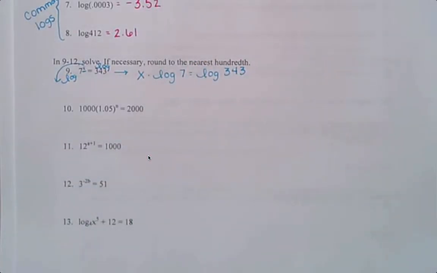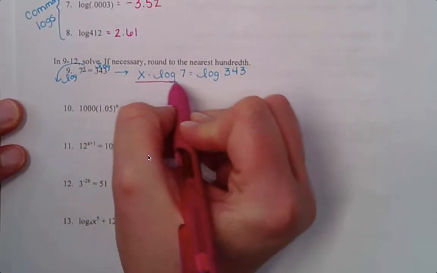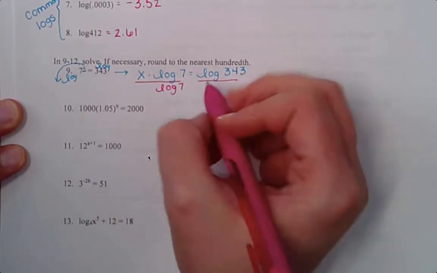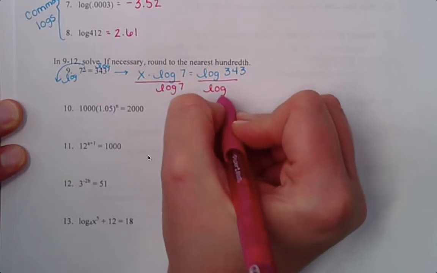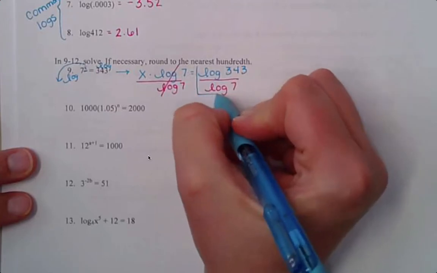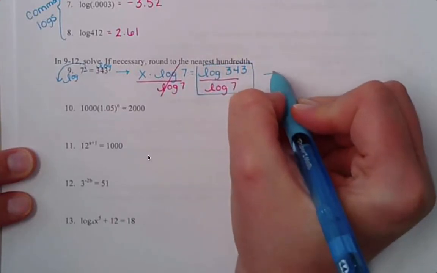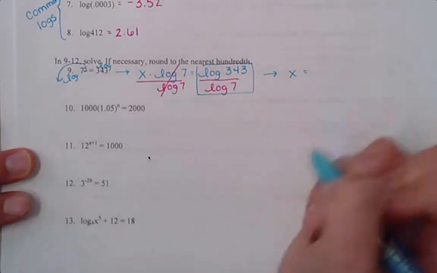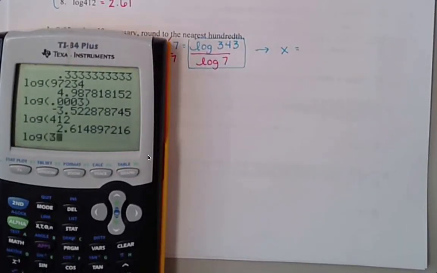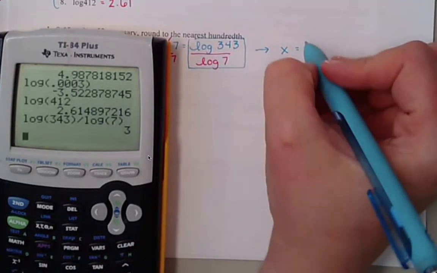And then I can divide by the log 7, which cancels those out. And then it's just a matter of doing this calculation. So I'm going to end up with x equals log 343 divided by log 7. Yep, and I get 3.